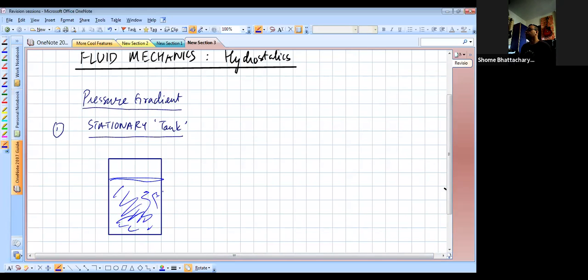There is a fluid of density rho in a stationary tank which has no acceleration or velocity, and we take our standard y-axis to be vertical and x-axis to be horizontal.